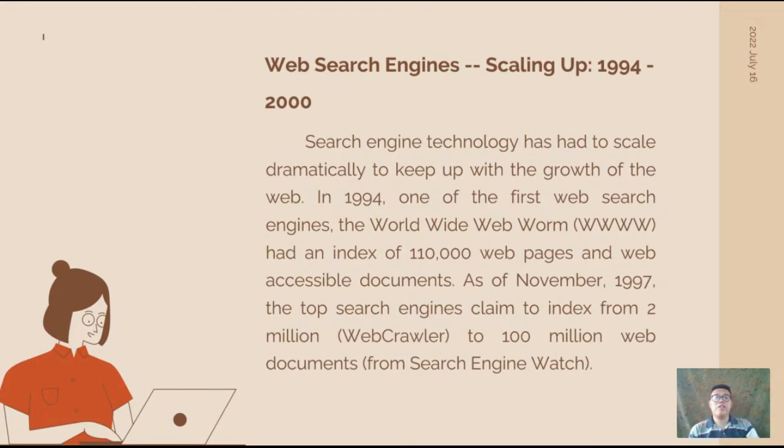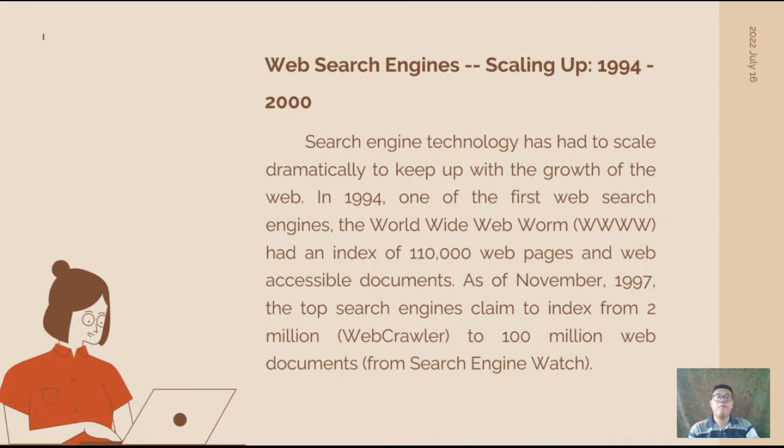Web search engines scaling up from 1994 to the year 2000. Search engine technology has had to scale dramatically to keep up with the growth of the web. In 1994, one of the first web search engines, the World Wide Web Worm, had an index of 110,000 web pages and web accessible documents.